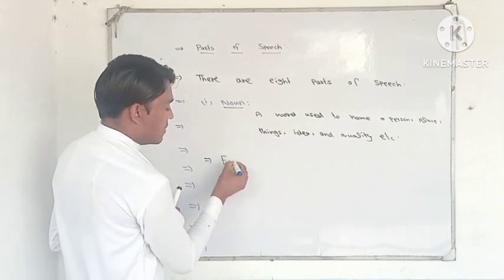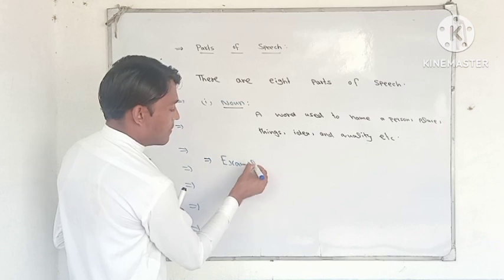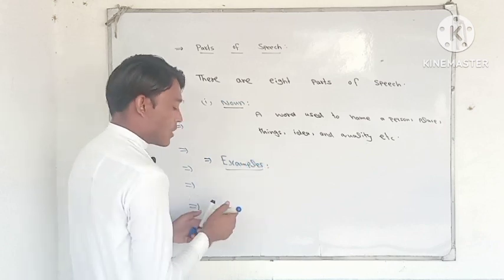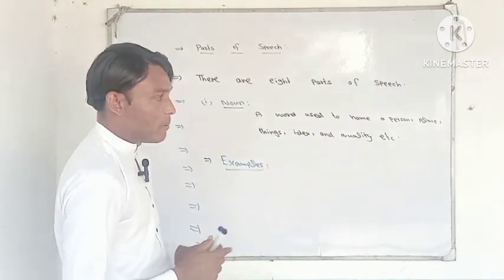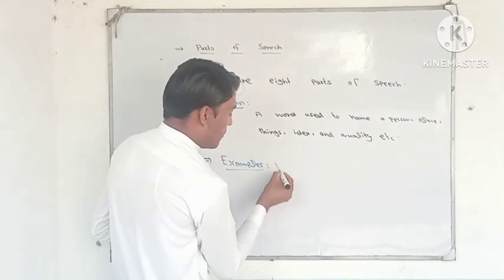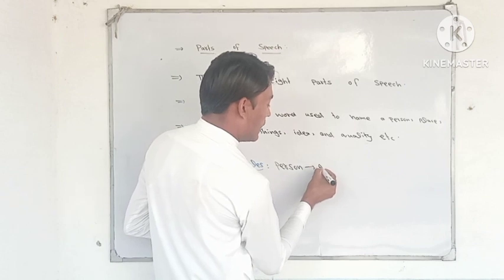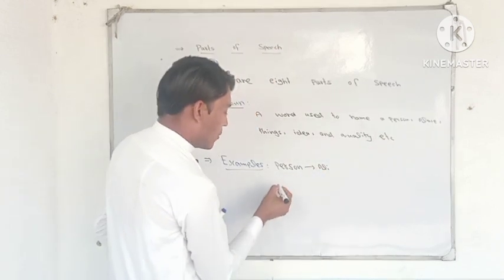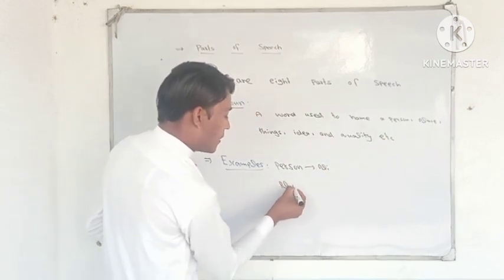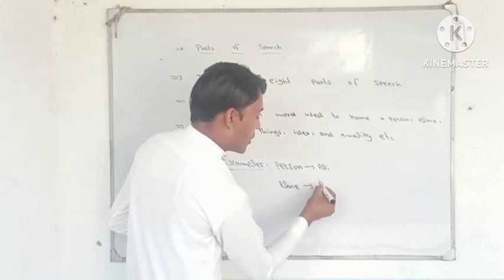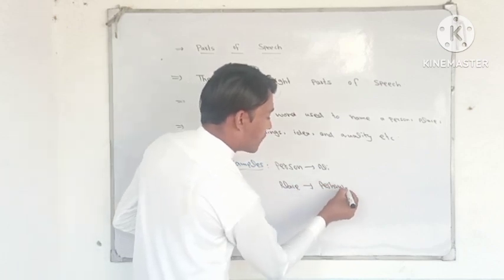Let's look at the examples of noun. For a person, we can say Ali. If we talk about a place, we may say Peshawar.